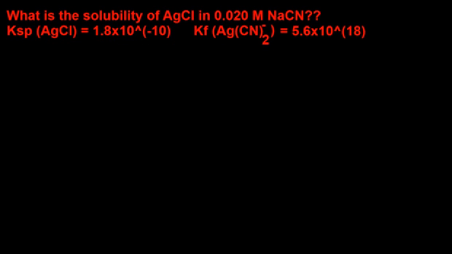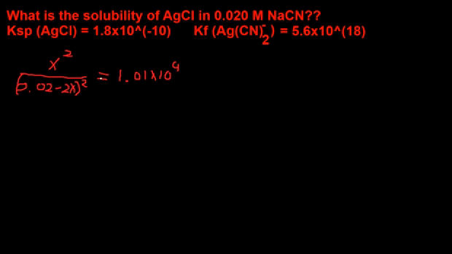We were at x times x, which I'm going to write as x squared now, over 0.02 minus 2x, squared, equals 1.01 times 10 to the power of 9 for the equilibrium constant.